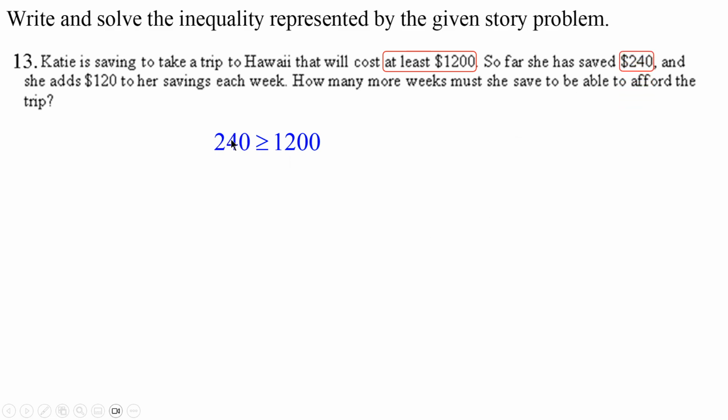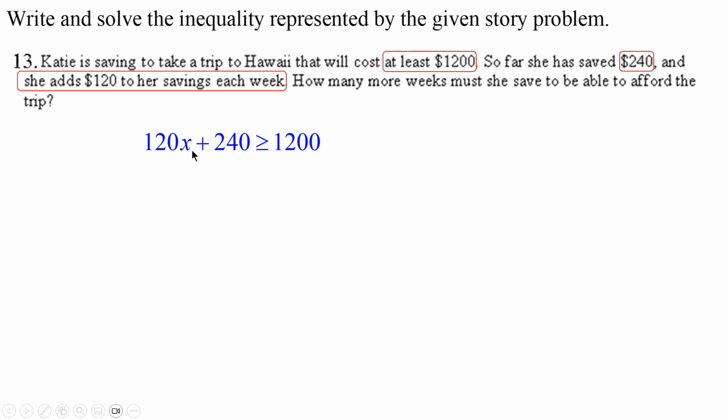So let's put a $240 on the other side. And she adds $120 to her savings each week. And you know, in algebra, we're going to say $120 each week would be 120x. So let's go plus 120x. So there's my inequality.